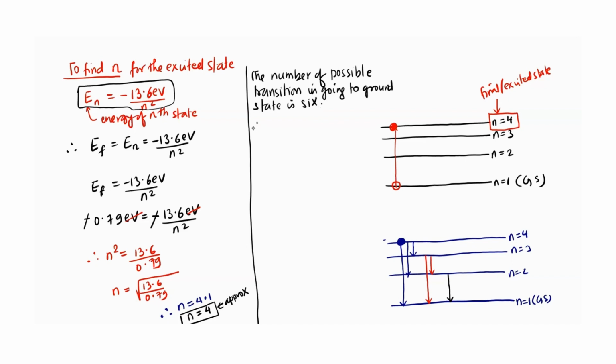From the question, we are asked to find how many different wavelengths are possible, and we find 6 different wavelengths possible.